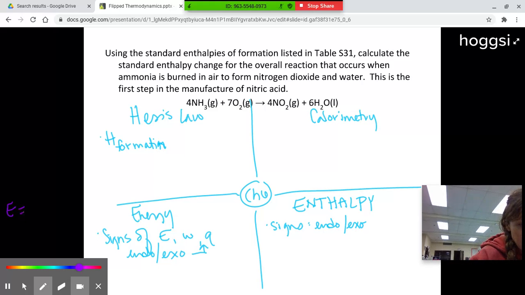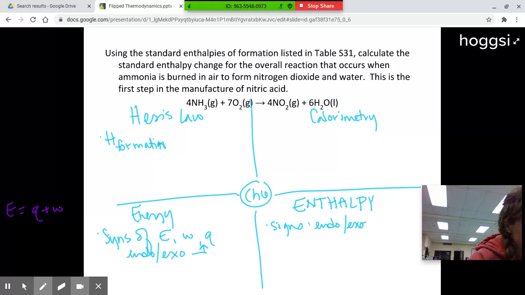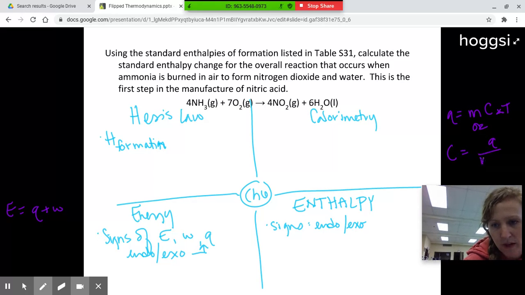So E equals Q plus W. Sure. Calorimetry should have the lab equation. Yep. So Q equals MC delta T. Or you could have the other version, C equals Q over M delta T. They're the same equation, just rearranged.